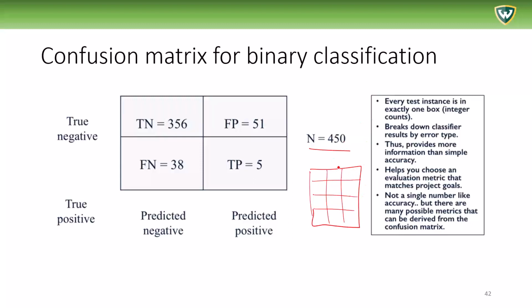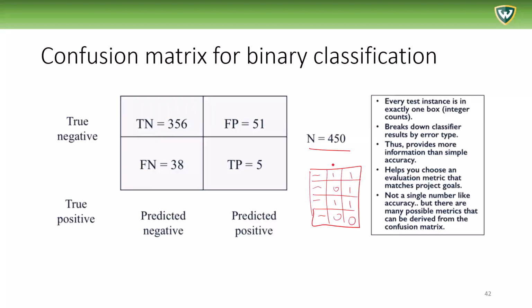We have names of people, and then we actually have the test results that are true and the test results that are predicted.